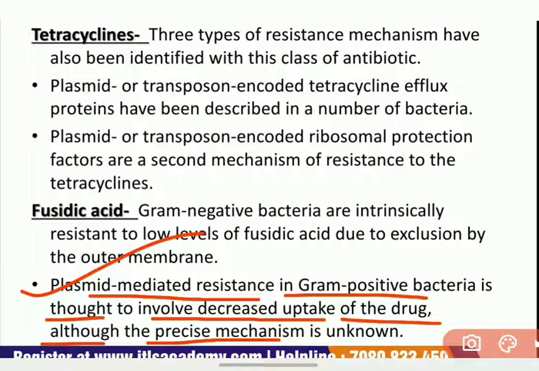Resistance to fusidic acid in gram-negative bacteria is also poorly understood. A CAT type enzyme has been identified in resistant strains, but no modification or inactivation of the antibiotic has been observed.